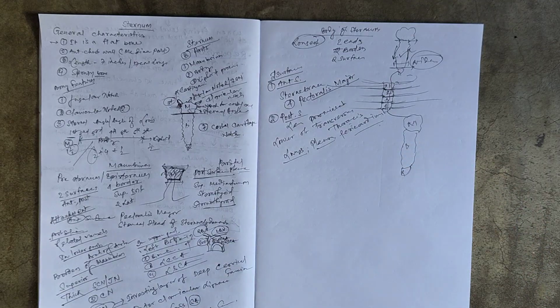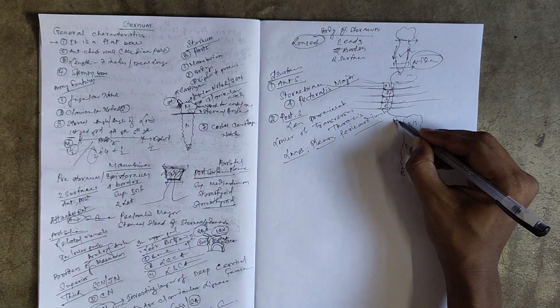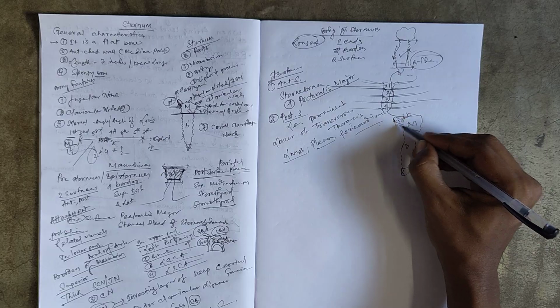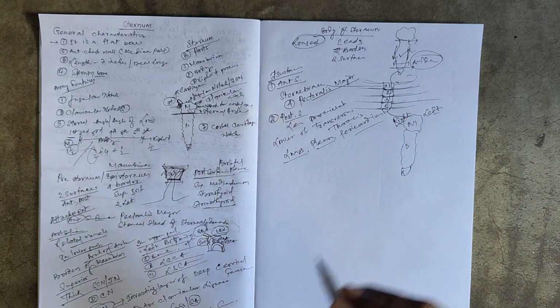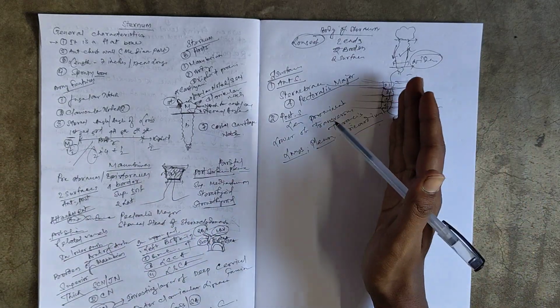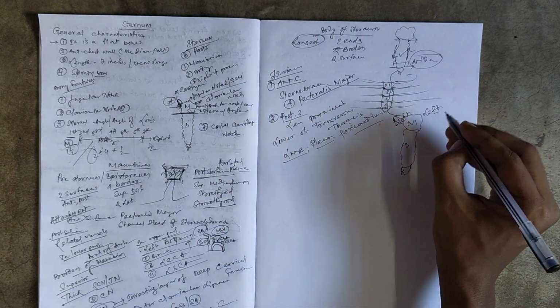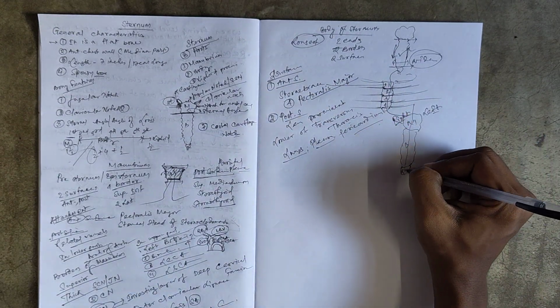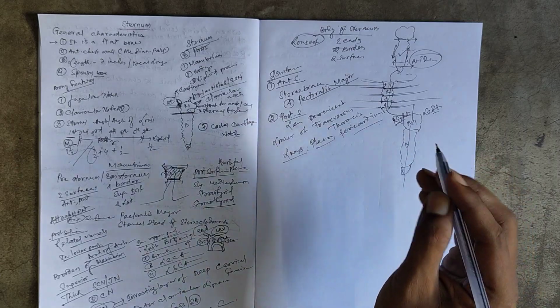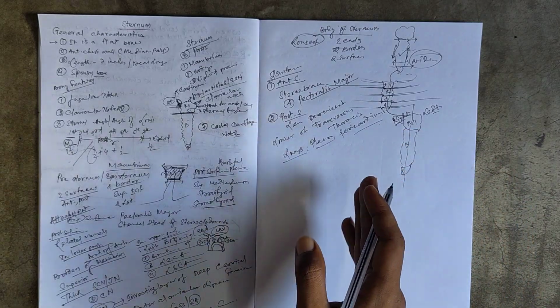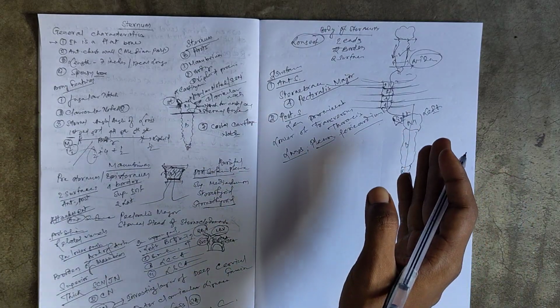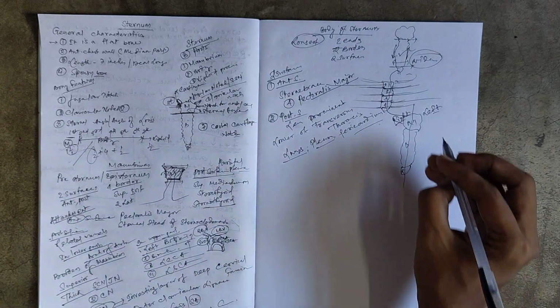Then right, left. On the right side of the median plane, the posterior surface is related to the anterior border of the right lung.